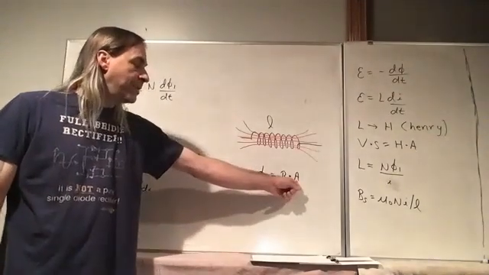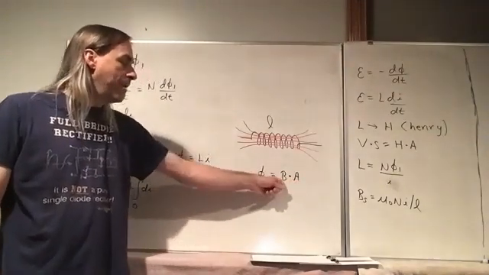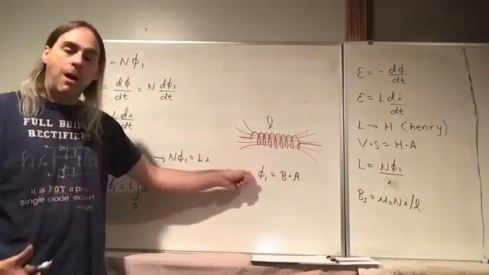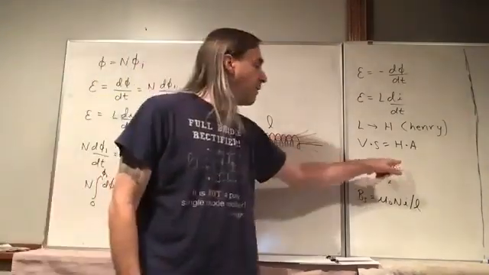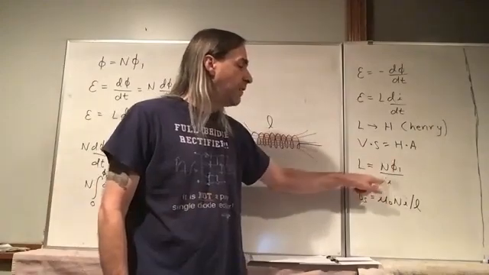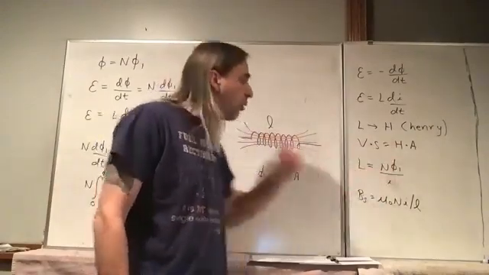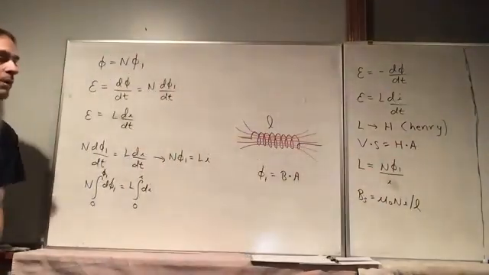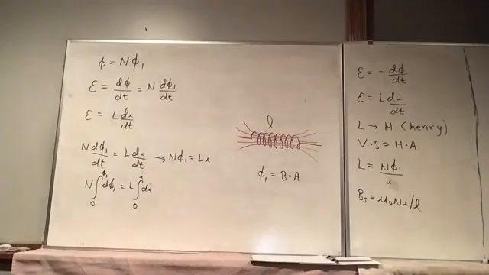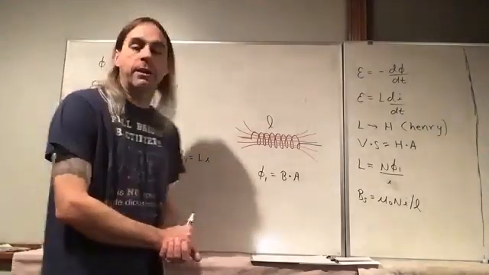The area is constant. So if we double the current, we double the magnetic field, which means we double this flux. So we'll have a factor of 2 in front of here and a factor of 2 here, and they're going to cancel out. So our inductance will be constant. So we can talk about the inductance of a solenoid that does not depend on the current.